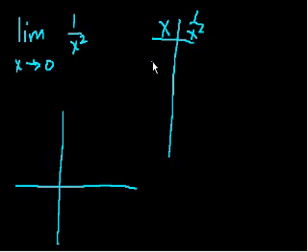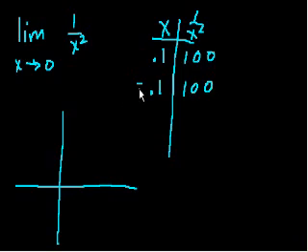So when x is 0.1, 0.1 squared is 0.01, so 1 over x squared is 100. Similarly, if I do minus 0.1, minus 0.1 squared is positive 0.01, so then 1 over that is still 100. So regardless of whether you put a negative or a positive number here, we get a positive value.